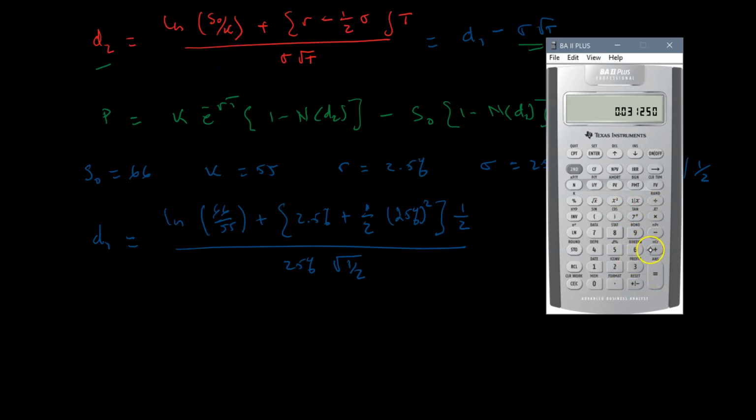I'm going to add that to 0.025, equal, and I'm going to divide it by 2 again, equal, and I'm going to store that 1. And then I'm going to do 66 divided by 55, equal, and I'm going to take the log of that, and I'm going to store that 2.